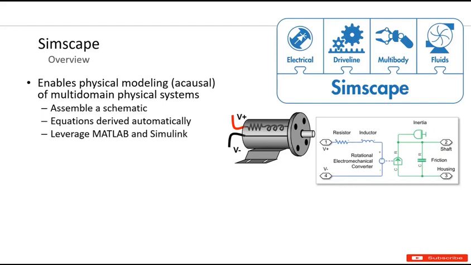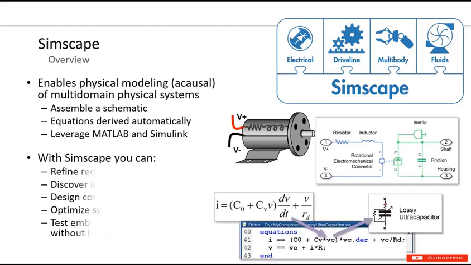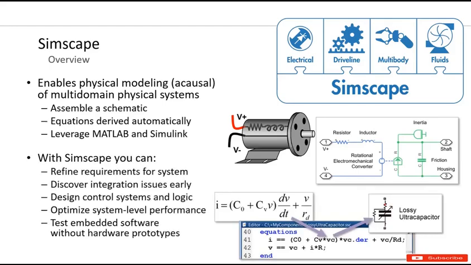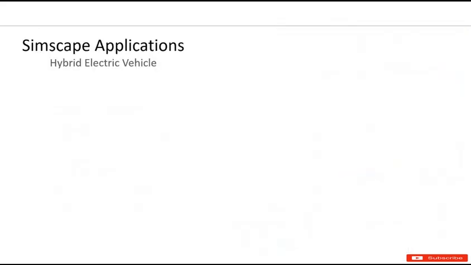So you can leverage Simscape modeling for multi-domain systems. And on top of Simscape you have a lot of add-on products as well. There is basic Simscape, and on top of that you have Simscape Electrical, Driveline, Multibody, and Simscape Fluids, each for specific tools.